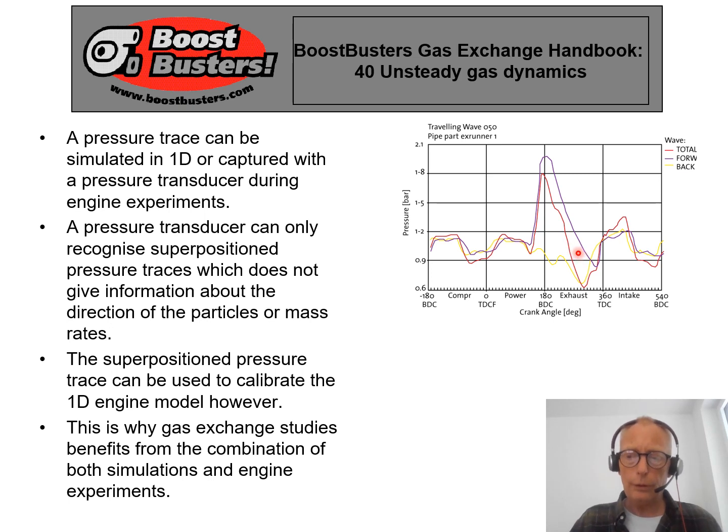If we look closely, it's not only one pressure trace, it's actually 3. We have a total, forward and backwards pressure wave here in the simulation. The total pressure or superposition pressure would be the red one, and that could also be measured by a pressure transducer.